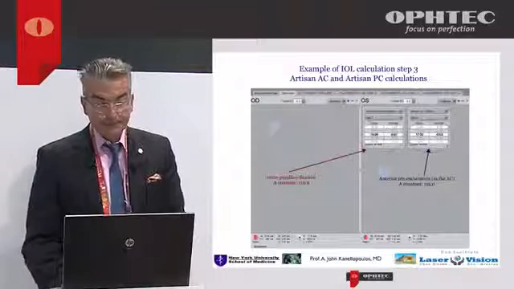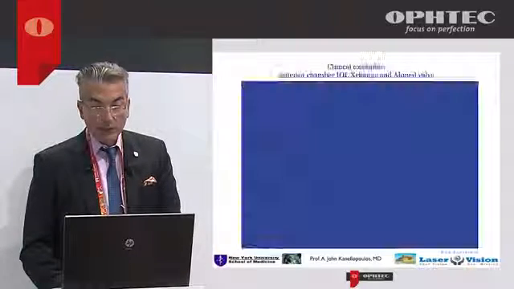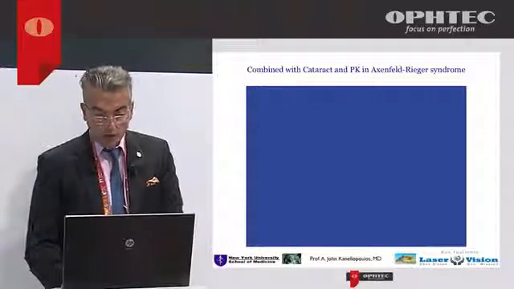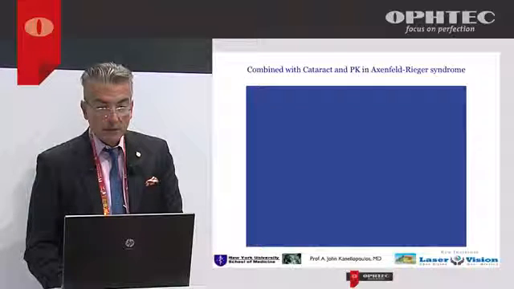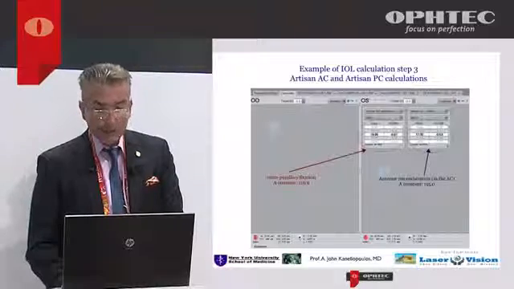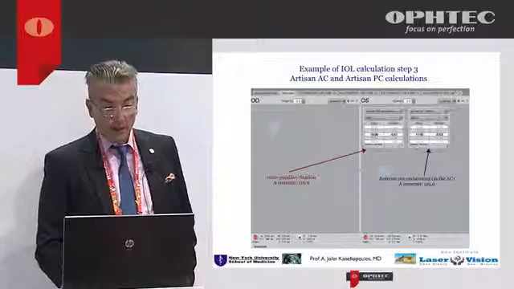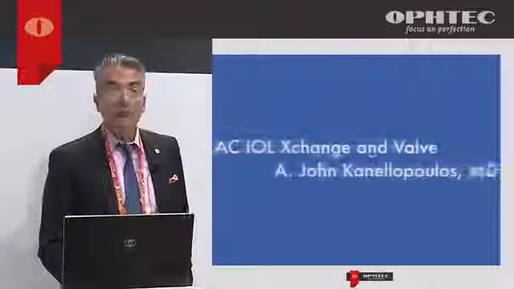We have the LensStar calculator do that for us. I'll go on to some clinical examples of its use and how easy it is in comparison, of course, to suturing an intraocular lens on the sclera or suturing an intraocular lens on the iris.